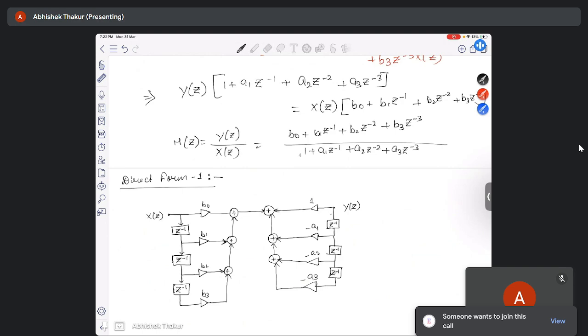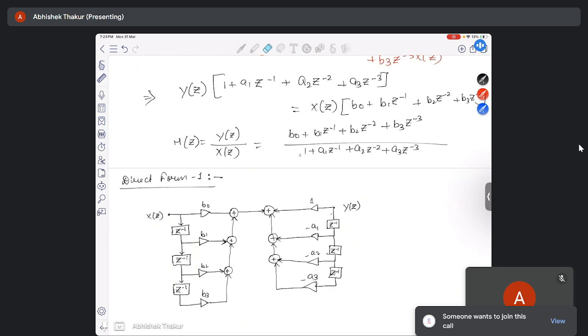So in direct form 2, what we are going to do is that, as you can see, there are lots of delay units. Delay units are this side also and this side also. So there is additional complexity and cost because each delay unit will cost us.